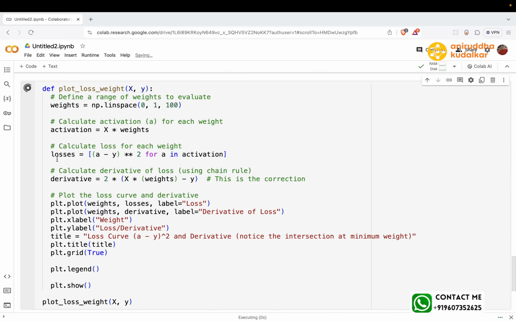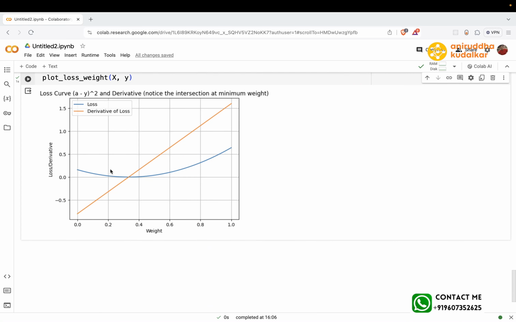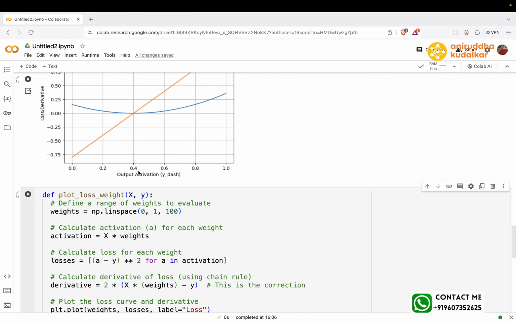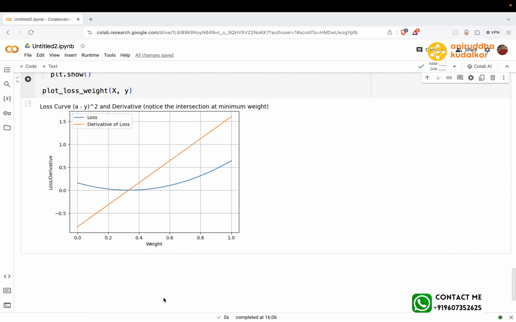Now if you see here, same thing. Loss has been calculated in this way. If you analyze this graph, this is the parabola, this is the slope, and when you come down the slope, can you see the point? On this axis we have weights, and on this axis we have losses. Before, you had output activation over here and the losses over here, but the graph is a little bit changed.